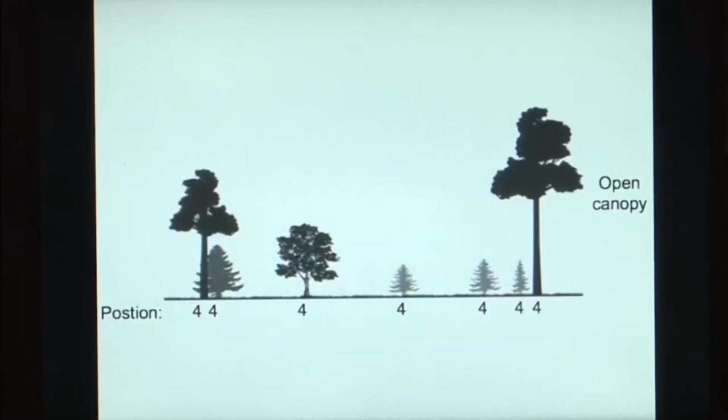Here we have trees of code 4 as well, because in this case the canopy does not cover the whole bare ground, which is why it is difficult to find an average canopy height, or this average overstory canopy zone. Because these trees are not facing any competition whatsoever, we will call them open canopy trees or code 4 trees. So, by this we can figure out the crown position.